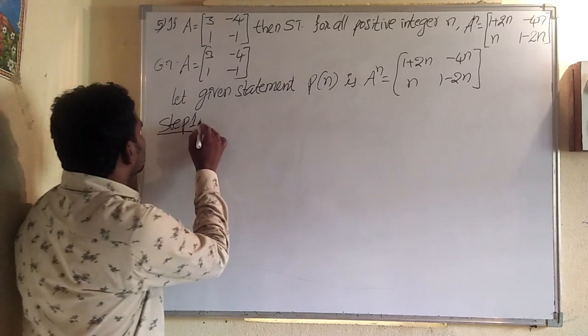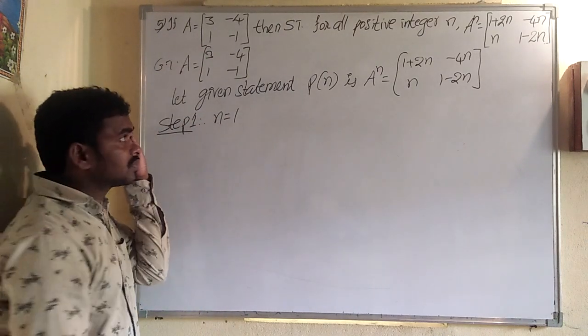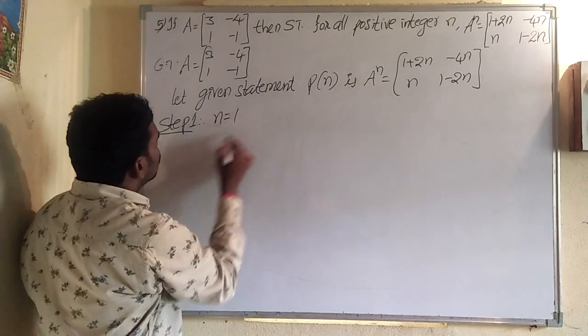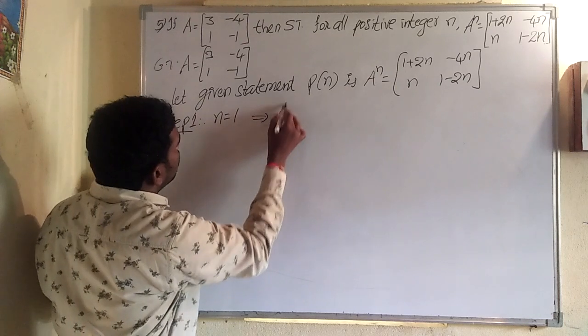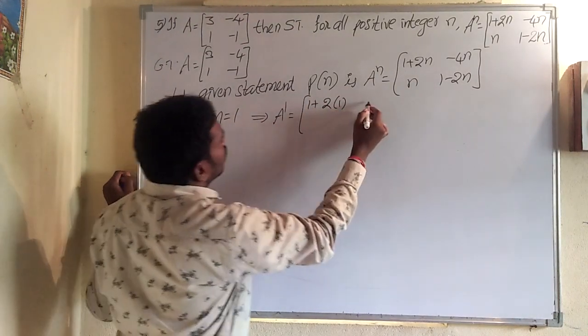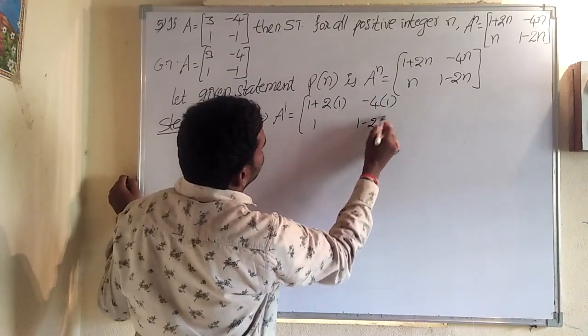The first step is n equals 1. Take n equals 1 and substitute it wherever n appears. So A power 1 equals [1+2 into 1, -4 into 1; 1, 1-2 into 1].